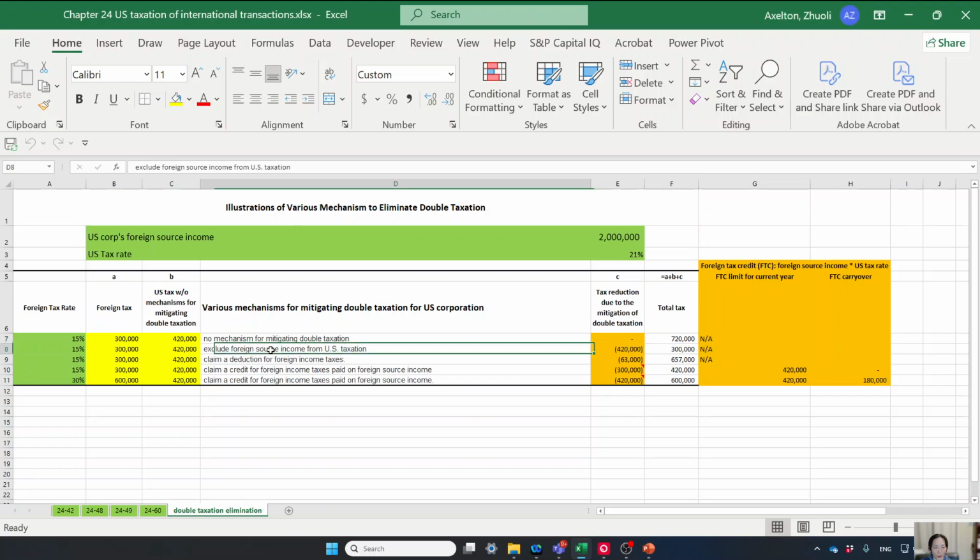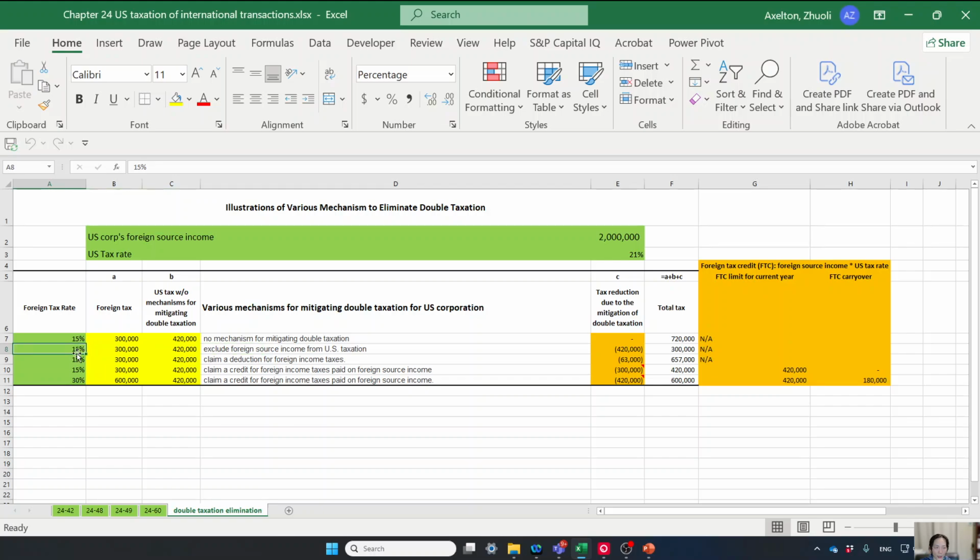And of course, there are three fundamental mechanisms to mitigate this double taxation. One is that the U.S. corporation can, if the rules allow, exclude the foreign source income from U.S. taxation. So if the U.S. company set up a subsidiary in a foreign country, the subsidiary's income could be excluded from U.S. taxation. So that's one way to do it.